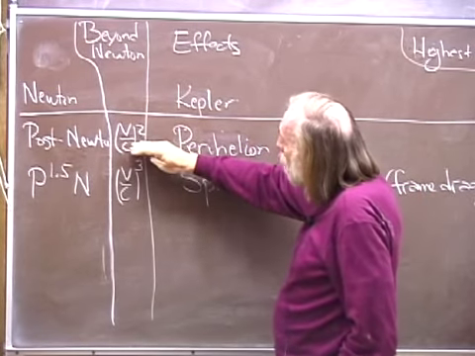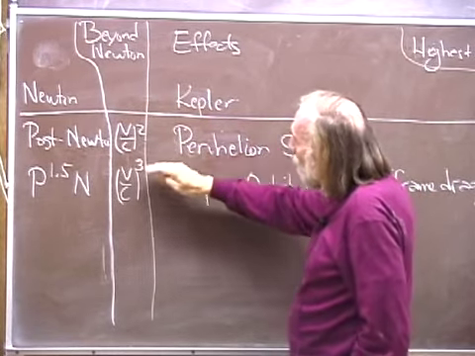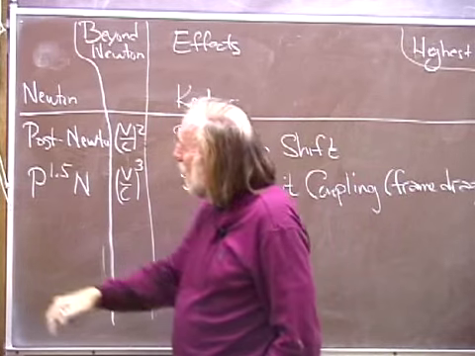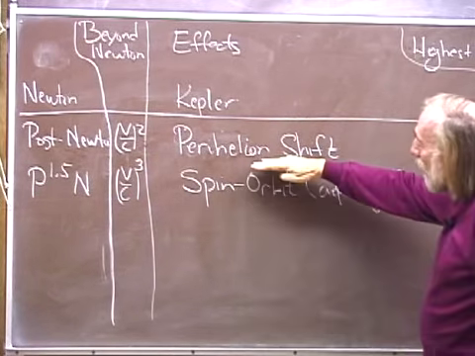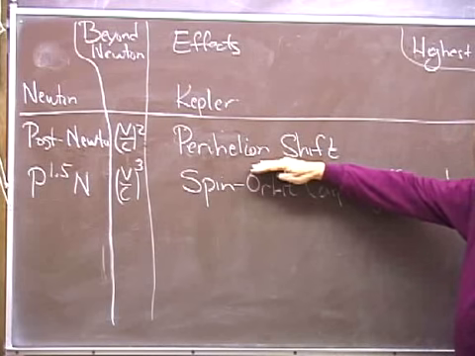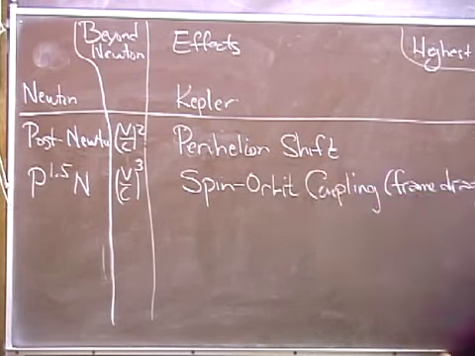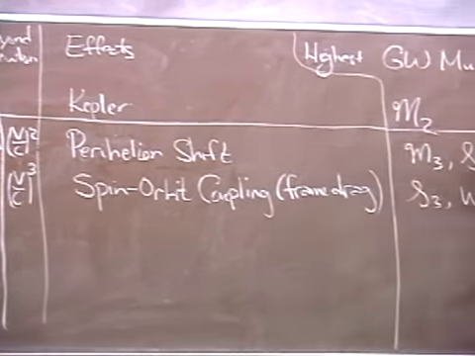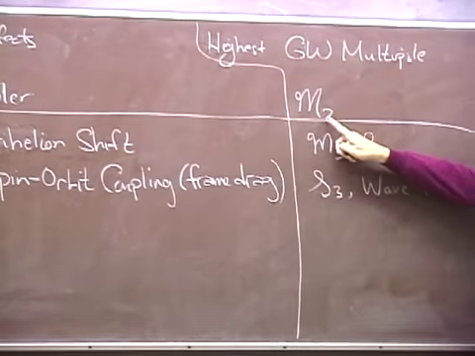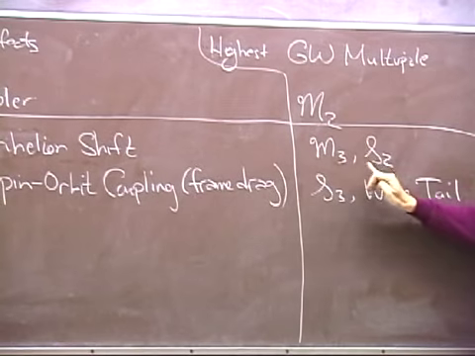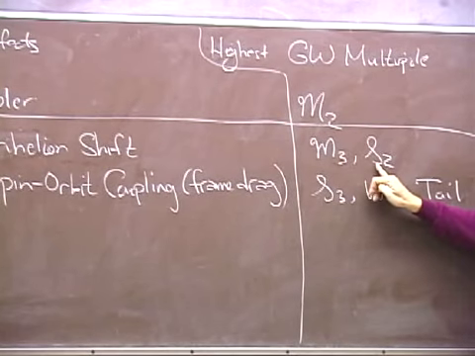You go to order v over c squared beyond Newton, which is also of order m over a, and you see the perihelion shift of Mercury. There's an example of an effect that you get out, the famous perihelion shift by which general relativity was tested. And the gravitational waves come from mass quadrupole, but also mass octupole and current quadrupole.